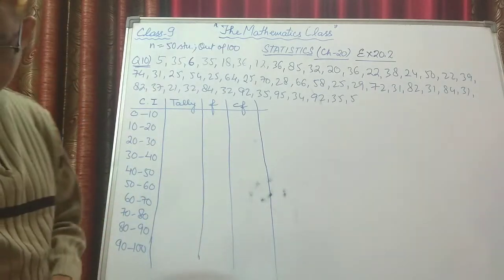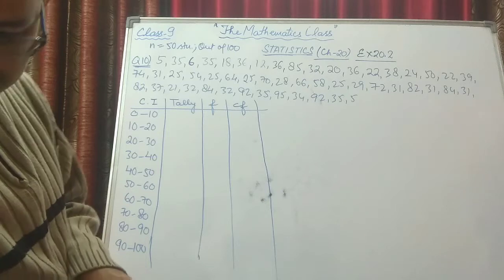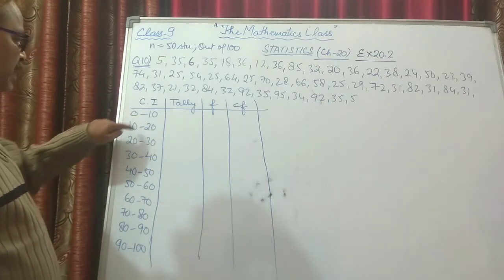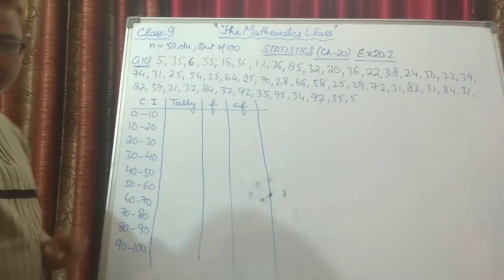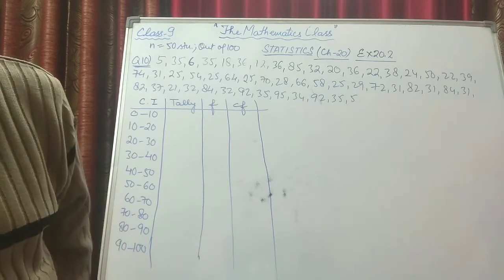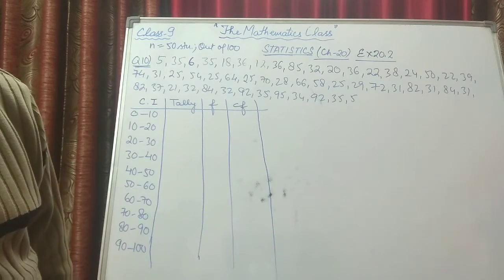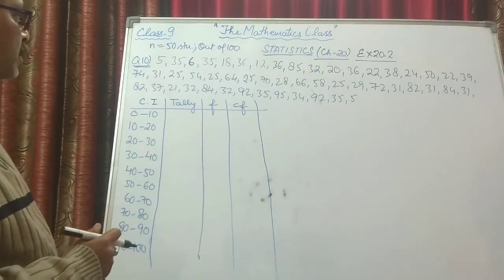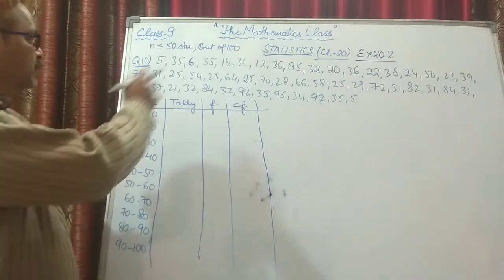First of all they say take a class interval of size 10, which I have taken, 0 to 10, 10 to 20, 20 to 30 and so on. Now they say construct a frequency as well as cumulative frequency table from the given data. In this we have to make a cumulative frequency table as well as frequency table of this data.